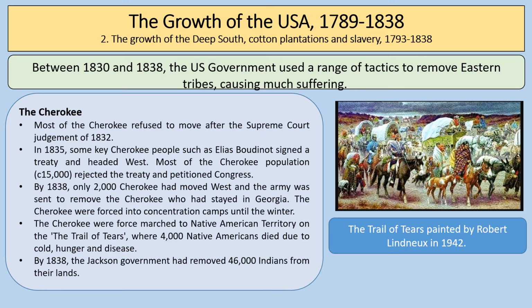The Cherokee were forced into concentration camps until the winter. The Cherokee were forced to march to Native American territory on what was known as the Trail of Tears, where 4,000 Native Americans died due to cold, hunger, and disease. By 1838, the Jackson government had removed 46,000 Native American people from their lands.